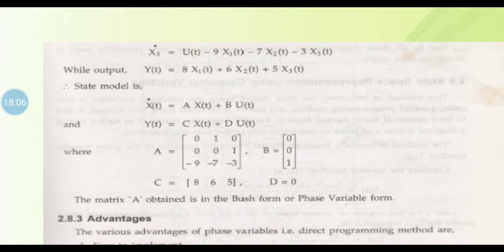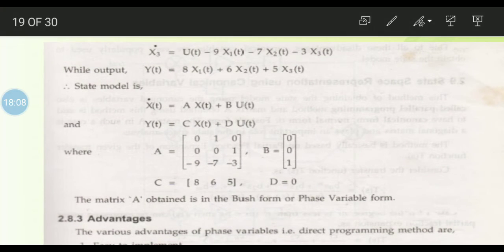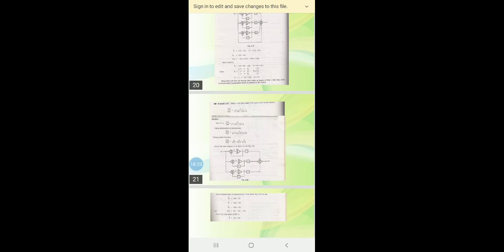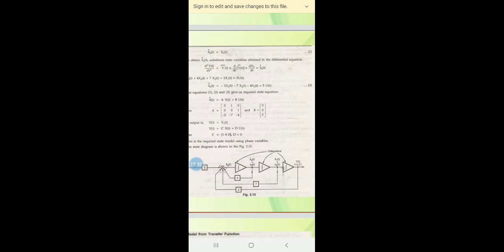y of t we will get as 8x1(t). You see the diagram. So you have to see this diagram and write.